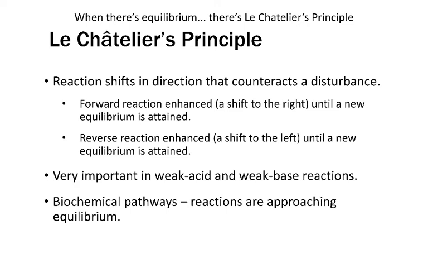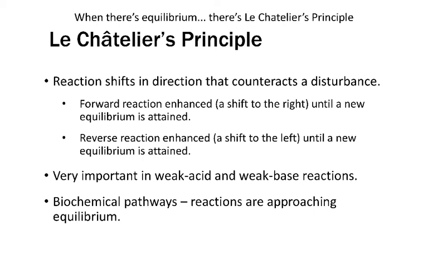there's Le Chatelier's principle, right? Just as a quick review, Le Chatelier's principle says that when equilibrium is established, any disruption to that equilibrium will be counteracted by the system to find a new equilibrium. We talk about shifting the reaction one way or another.